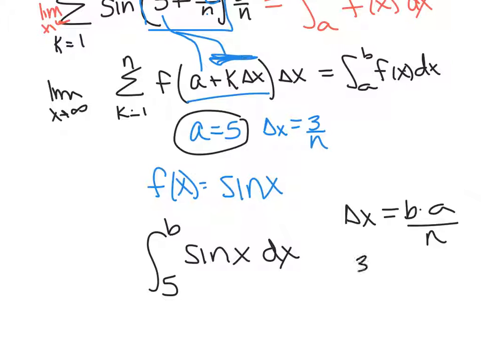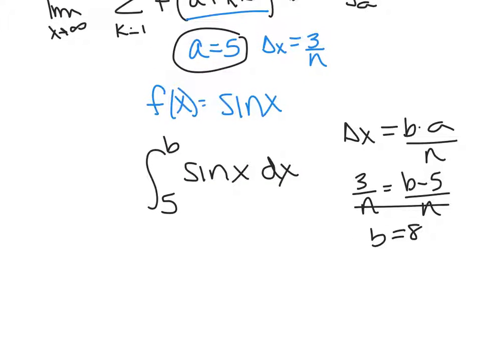And I know my delta x is 3 over n, and b minus 5 has to equal 3. So can you do a little mental math? If I cancel those and add the 5 over, I know that b has to equal 8. So I would say my definite integral here is the integral from 5 to 8 of sine of x dx.